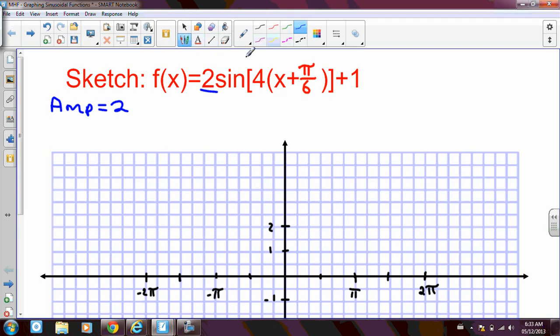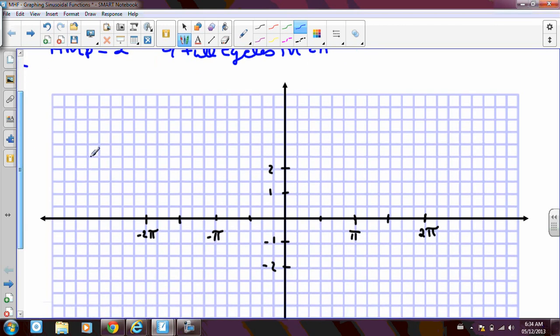So continuing forward, my amplitude is 2. The second value here, the 4, tells me there will be 4 full cycles of my graph in 2 pi. So in the regular graph, maybe I'll sketch it right now. I would start at 0 for sine, go up to 1, down to 0, down through to -1, and up to 0.